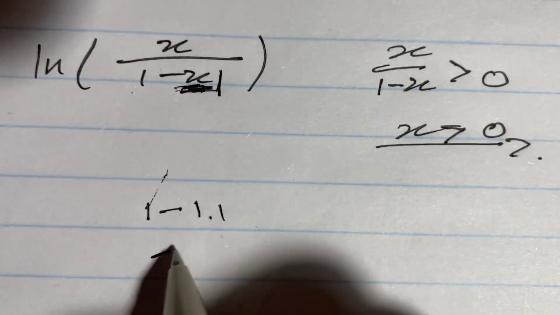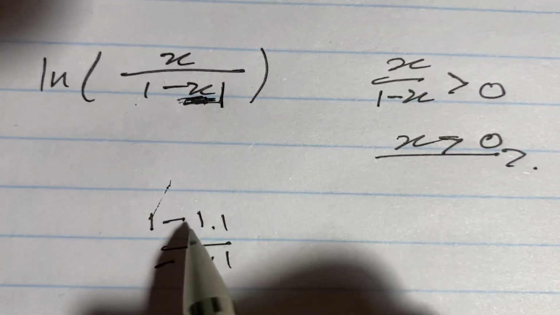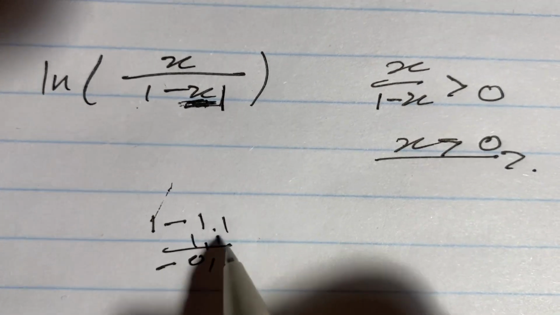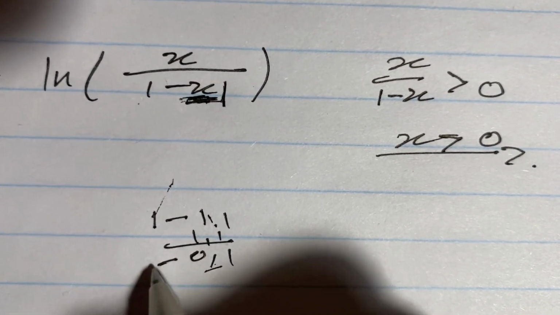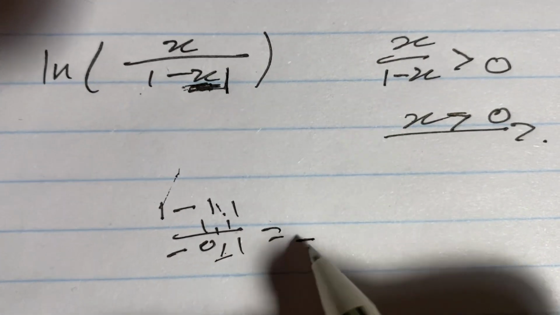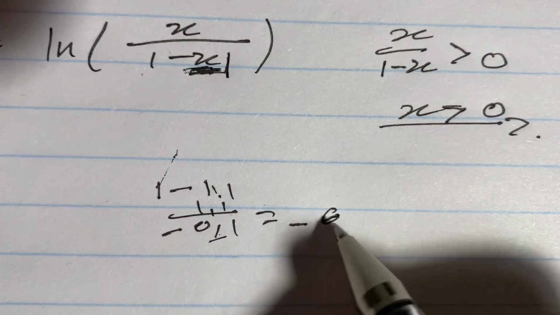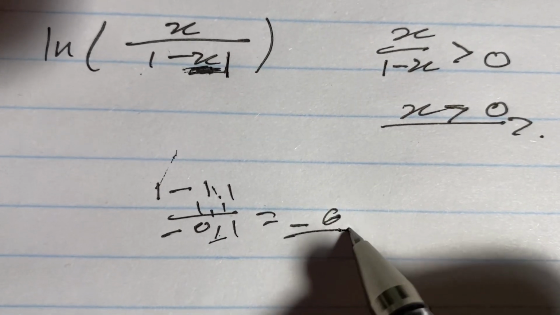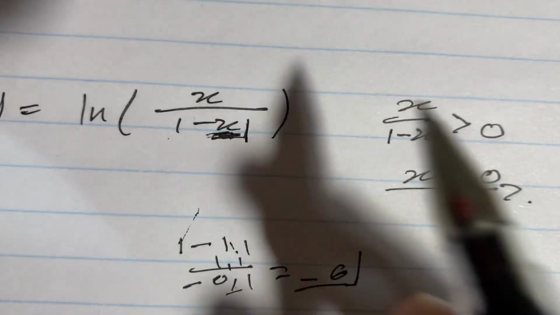The answer will be negative 0.1 divided by the 1.1 that you had there. So you have a small number divided by a big number, which is negative. The answer will be negative something, let me just call it negative sigma. Now we have a problem because we cannot have a negative inside that one, so it will be undefined.